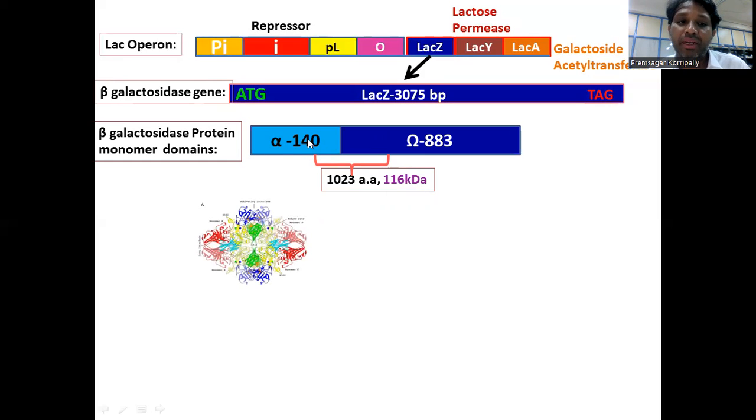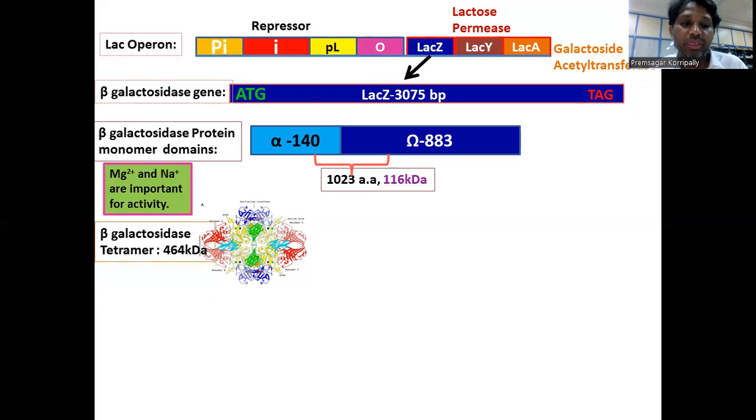Beta galactosidase is functionally active when it forms a tetramer, when four molecules associate. The tetramer's molecular weight is 464 kilodaltons, and it requires magnesium and sodium cations for its activity.